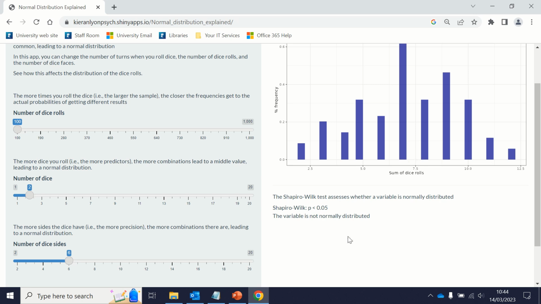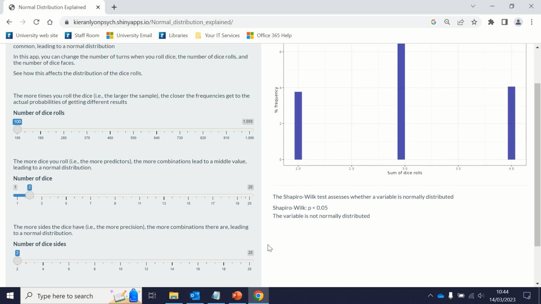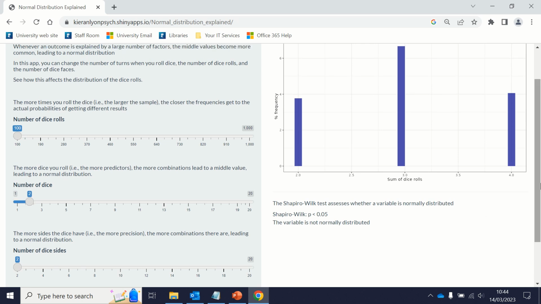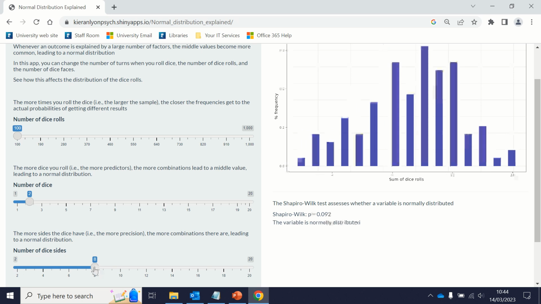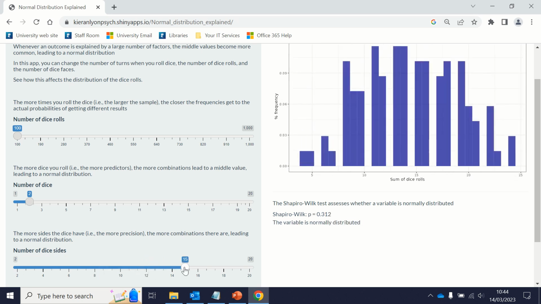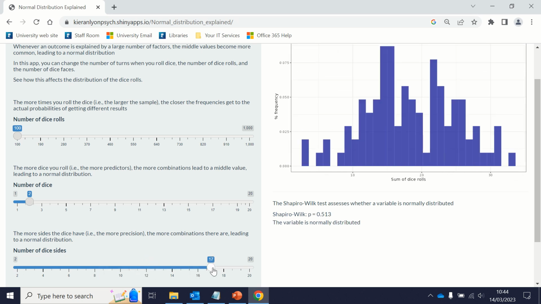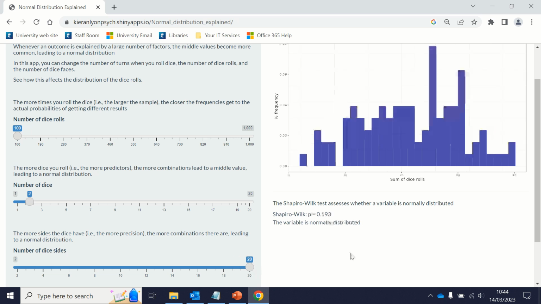I could measure it from 1 to 10 or 1 to 40 or the actual number. So the rule is that if the predictors have fewer levels, that doesn't look normally distributed. But if the predictors have more levels, the more combinations there are going to be of different levels, the more it's going to look normally distributed.